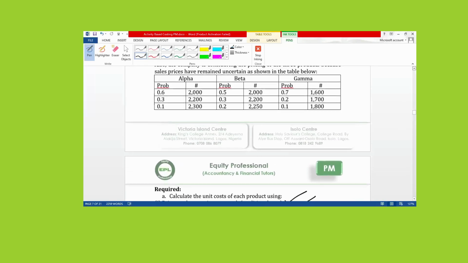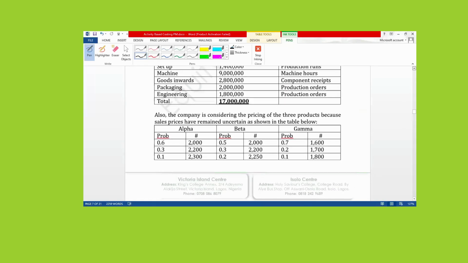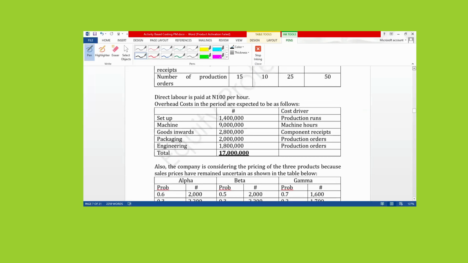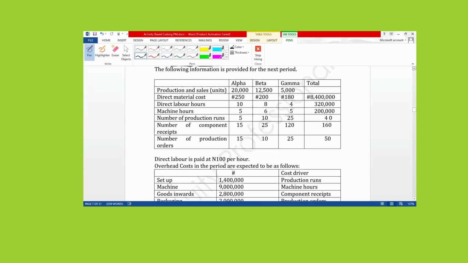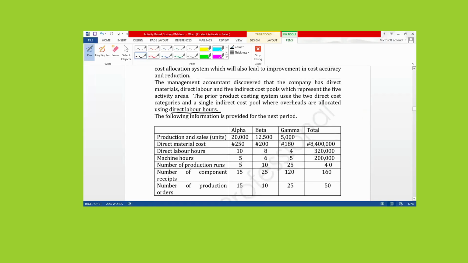These are the advantages of activity-based costing.